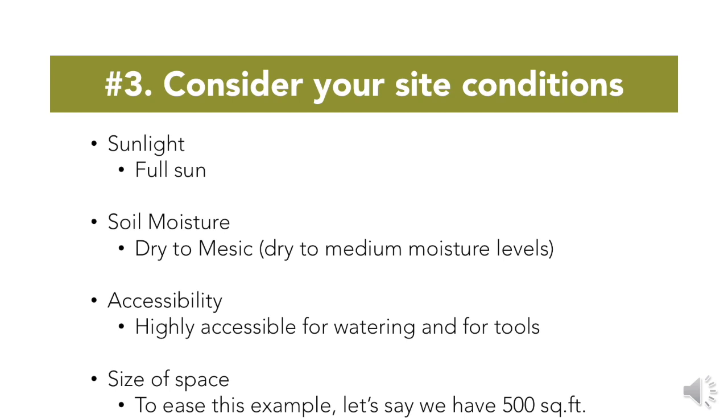Next, we need to think about the conditions of our site. So how much sun does it get? How wet is the soil? Is this an accessible site? And how large is the space? So, for this example, let's say that the site gets full sun throughout the day, and it's mostly dry, so it's dry to mesic, meaning the medium moisture level in the soil.